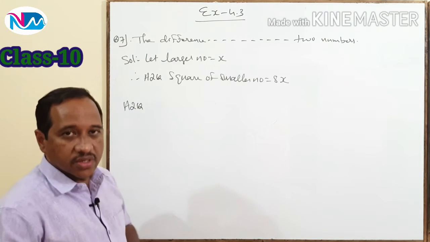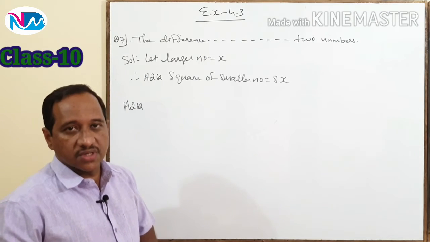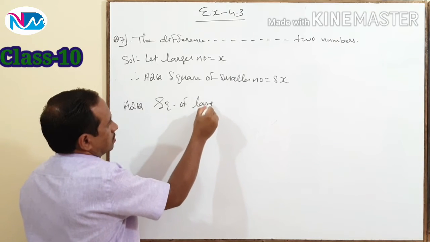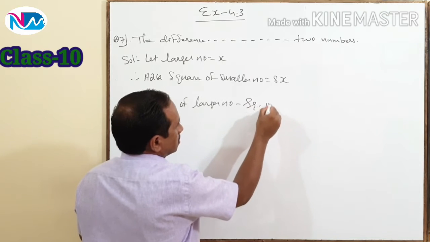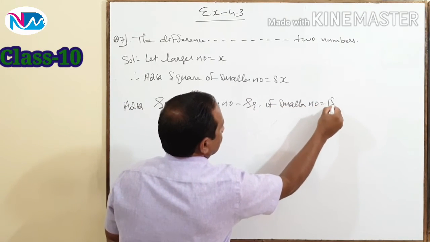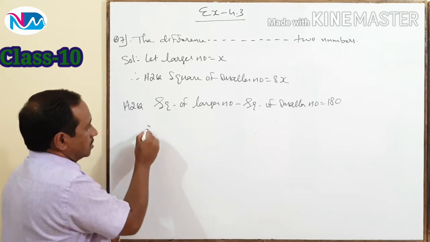Difference between the two squares means the square of the larger number minus square of the smaller number. Square of larger number minus square of smaller number is equal to 180.